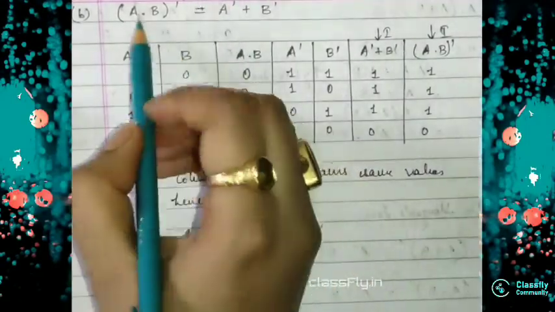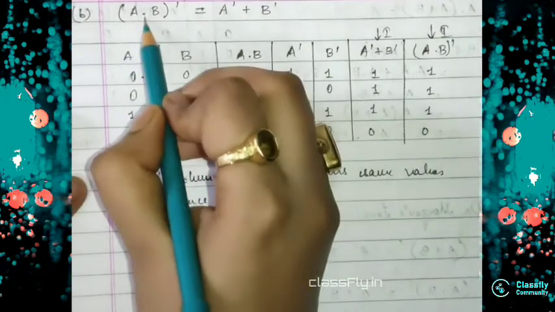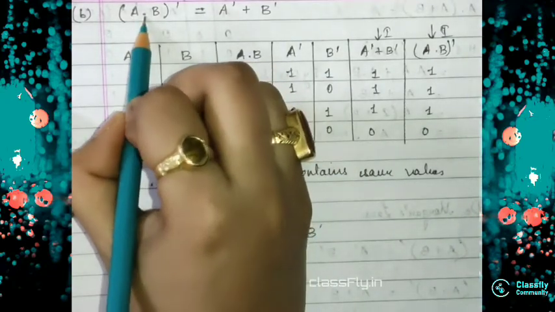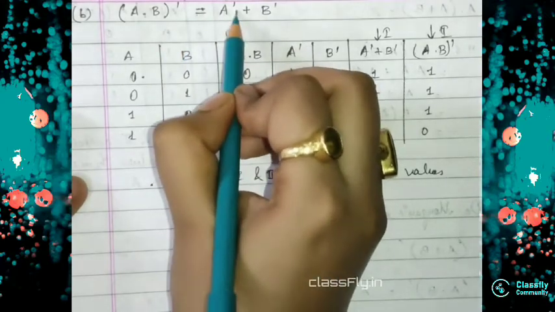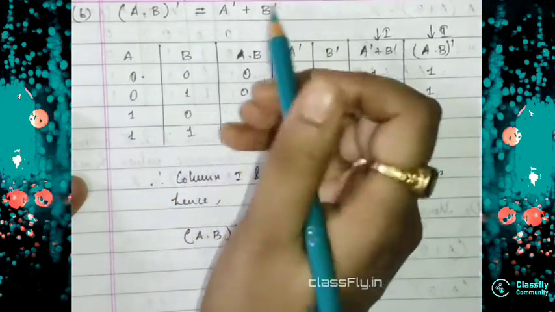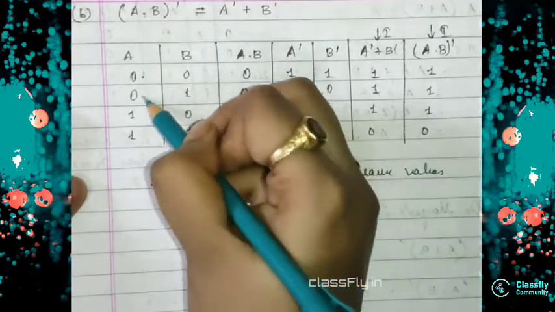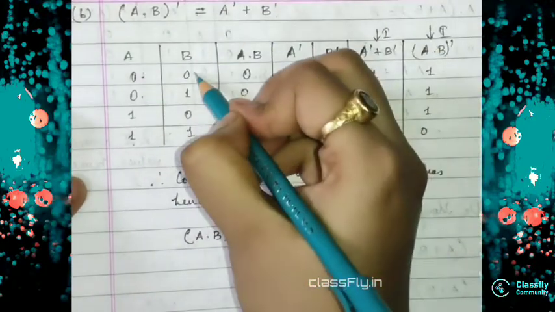Now, it says a and b complement is equal to a complement or b complement, right? We will do similarly, 2 zeros, 2 ones, 0 1 0 1.